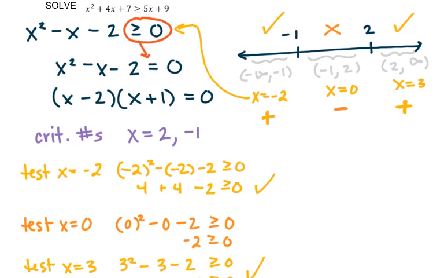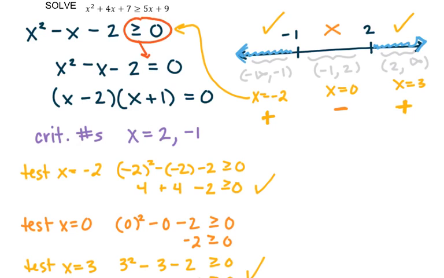So when we want to write our solution set, we know that everywhere to the left of -1 and to the right of +2 is going to be included.